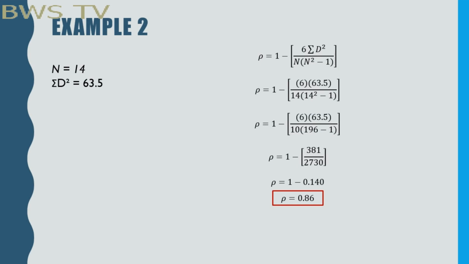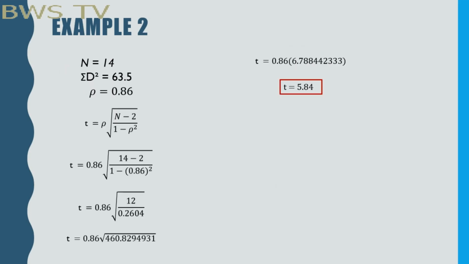Once you are done with the table, start solving for rho and the t-value. Again, remember the formula for rho, which is 1 minus 6 summation of d squared over n multiplied by n squared minus 1. And for the t-value, which is rho multiplied by the square root of n minus 2 over 1 minus rho squared.